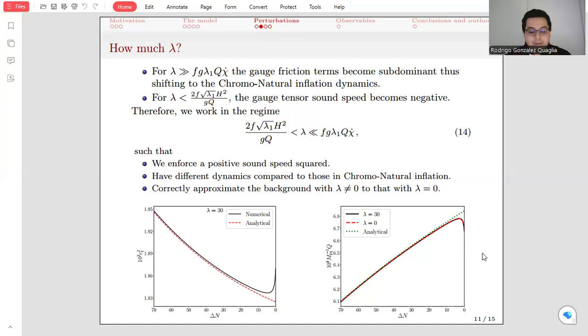So to recap, we ask lambda to be large enough so that c_s squared is positive, here in the left plot, but at the same time, we are requiring that lambda is small enough so that the background level is well described by lambda equals 0, which is the thing we see in the right plot.